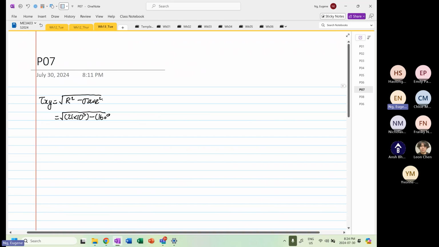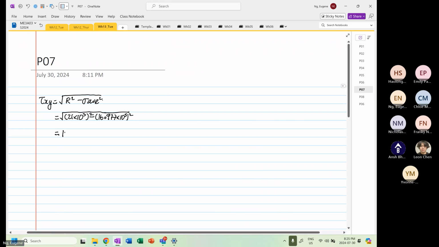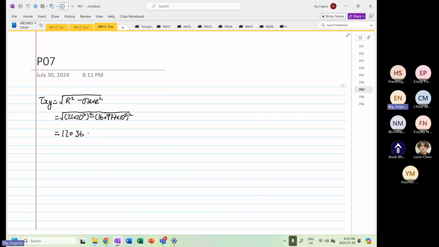Okay, 16.977 times 10 to the power 3 and the whole thing squared. So this works out to be equal to what? This will work out to be 21 times 10 to the power 3 squared minus 16.977 times 10 to the power 3 squared. Square root the whole thing, 12.36 times 10 to the power 3.